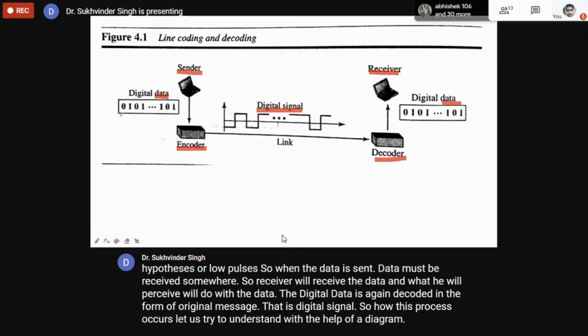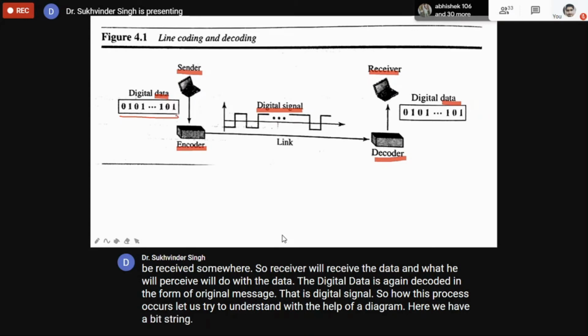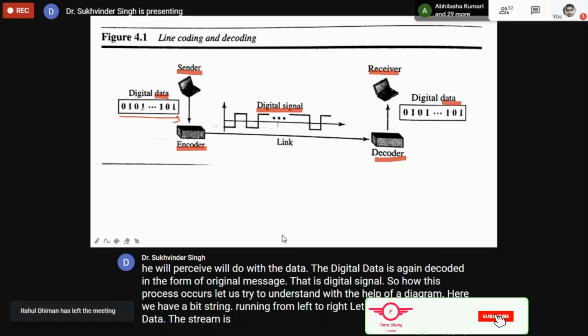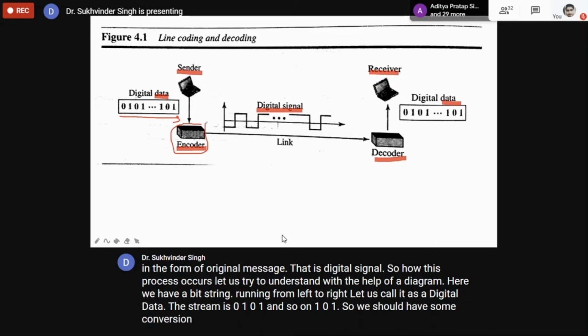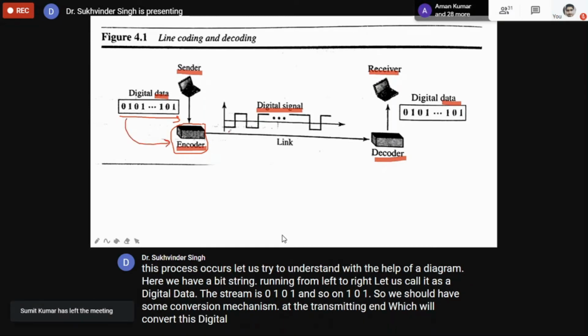Here we have a bit stream running from left to right. Let us call it digital data. The stream is 0101 and so on 101. We should have some conversion mechanism at the transmitting end, which will convert this digital data into some signal.